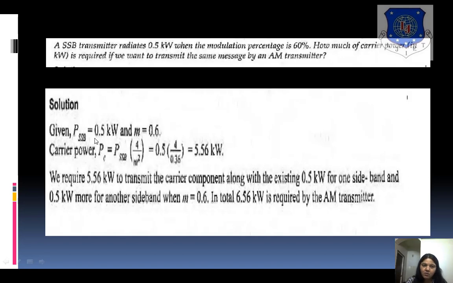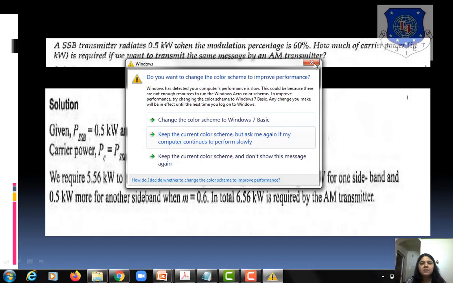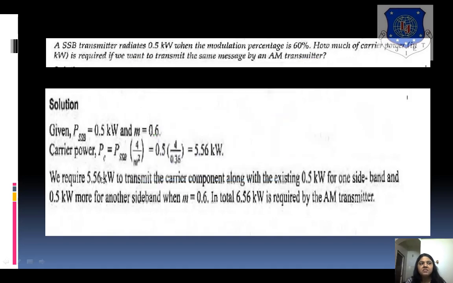PSSB is equal to 0.5 kilowatt. Small m is equal to 0.6. Carrier power PC is equal to PSSB into 4 upon m square. So it is 0.5 into 4 upon m is equal to 0.6, so m square is 0.36. So it is 5.56 kilowatt.